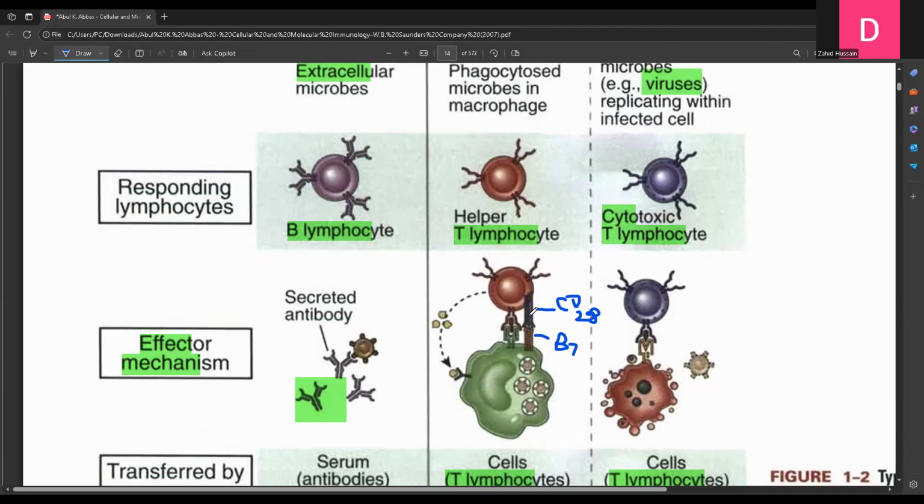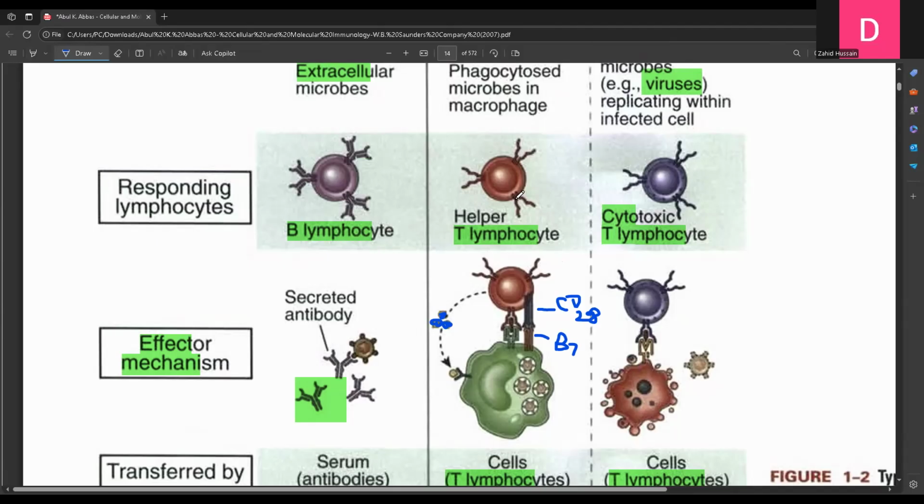So both these things are important: the co-stimulatory signal, that is the coupling of CD28 and B7, and the coupling of MHC2 with processed antigen and a specific T cell receptor bearing this TH cell. These two couplings will lead to the activation of the TH cell, which will secrete some substances, and these substances will target the target cell.